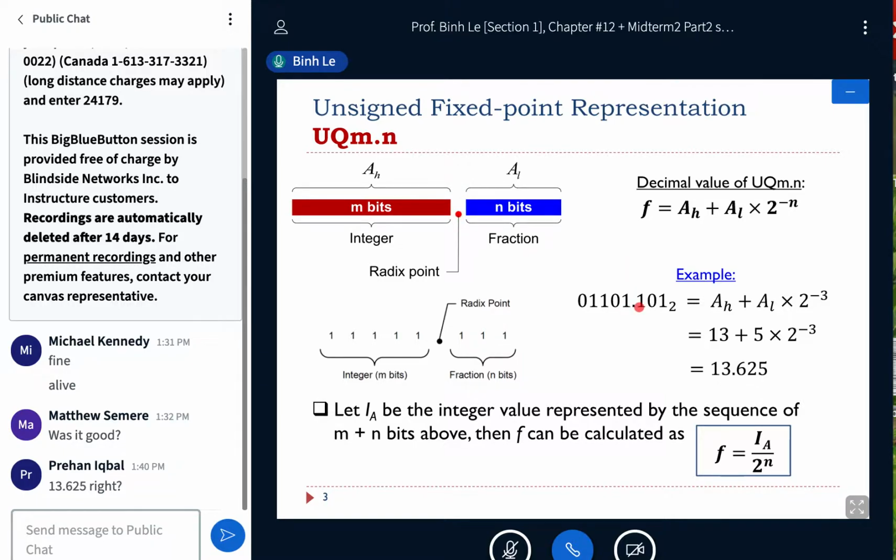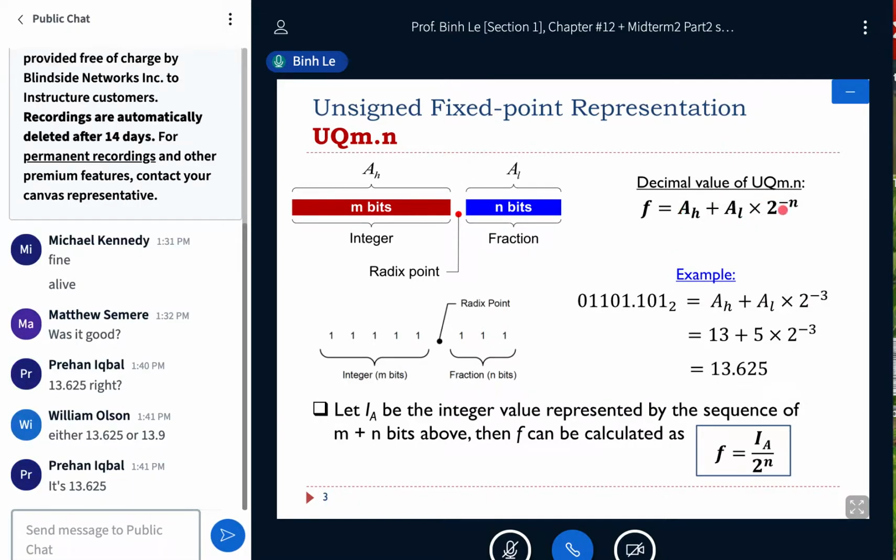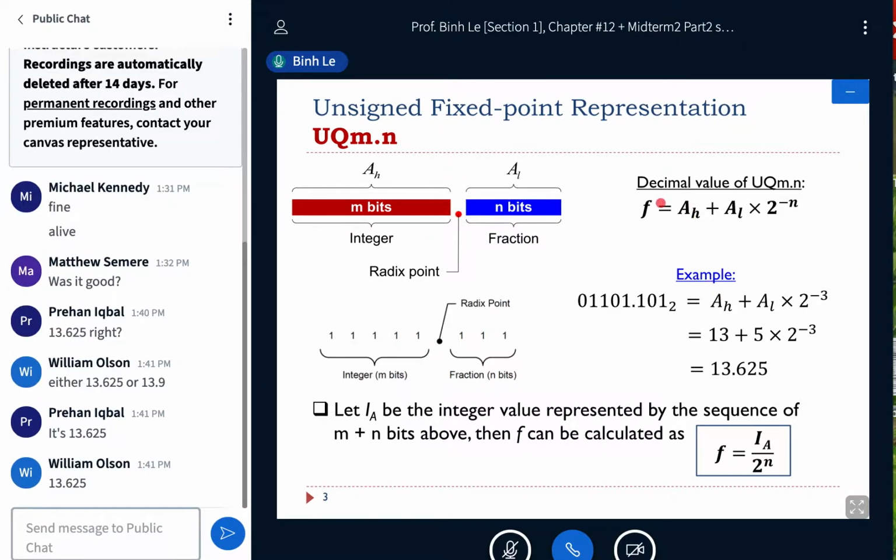So if you have that implicit agreement that the last 3 bits will be for the fraction, for the same binary pattern, what real number does it represent? Do you know? If you want to know, you follow this formula, okay?